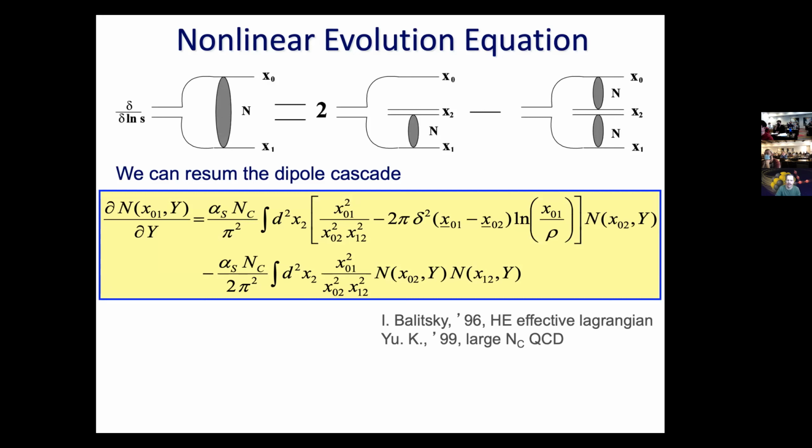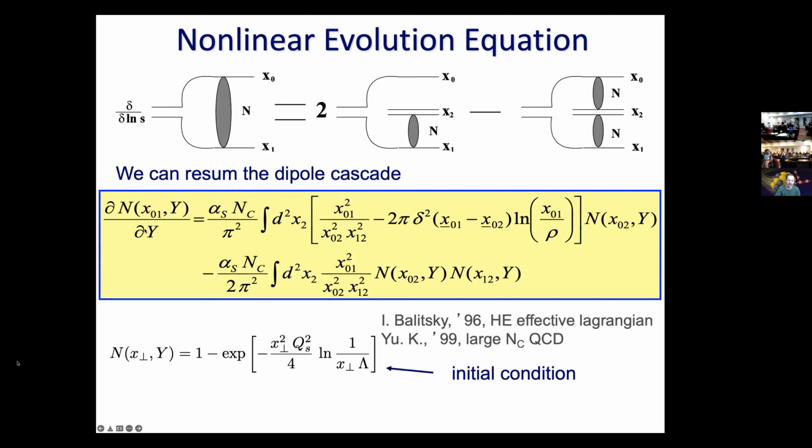Okay, so this is the same equation written in a slightly different way. It's a differential equation in rapidity. To solve it, you need some initial condition, and as the initial condition, we can use this quasi-classical multiple rescattering Glauber-Mueller formula, or equivalently the McLerran-Venugopalan model, which gives us this dipole amplitude as this 1 minus exponential that we talked about last time.